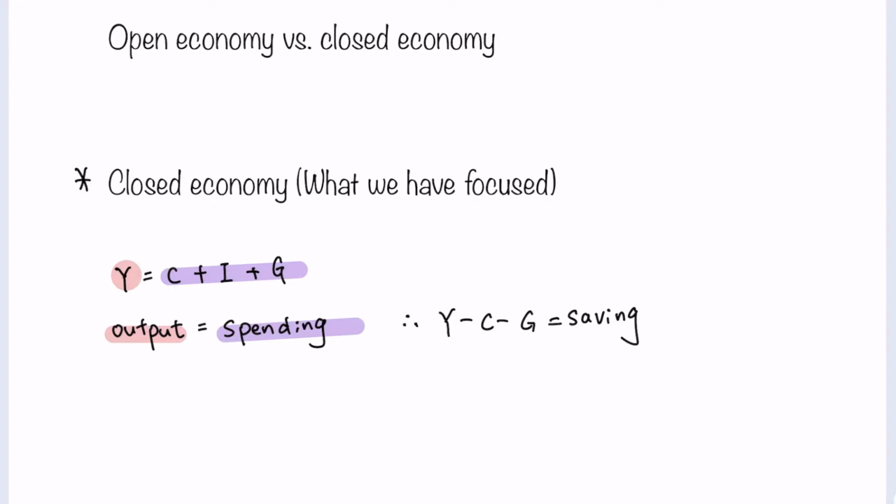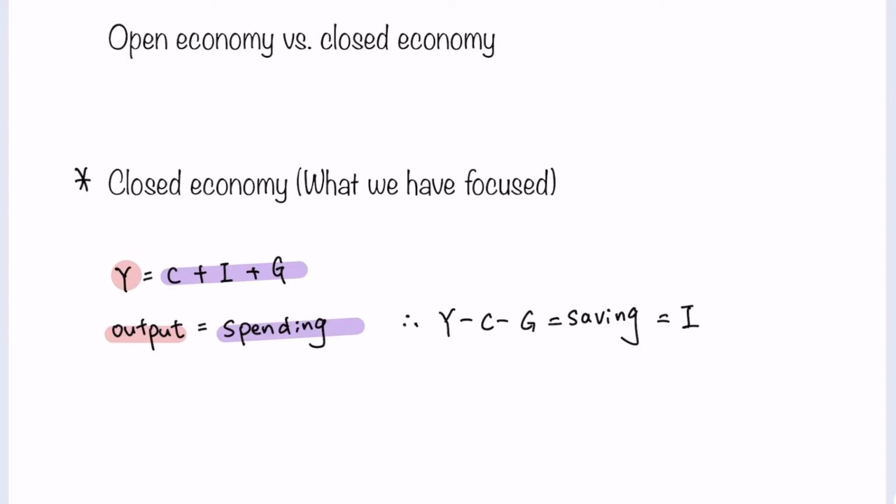Given that Y equals C plus I plus G, when we have Y minus C minus G, it equals the investment. So here we show that under the closed economy, the total amount of saving needs to equal the total amount of investment of the nation.